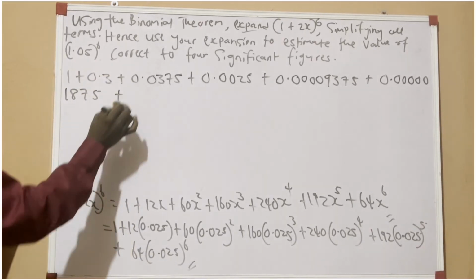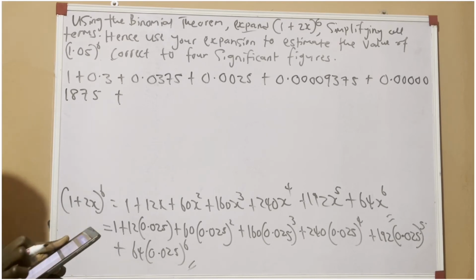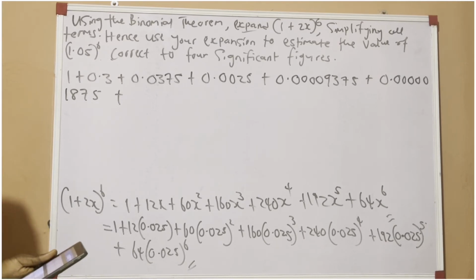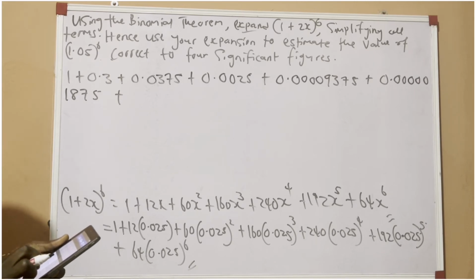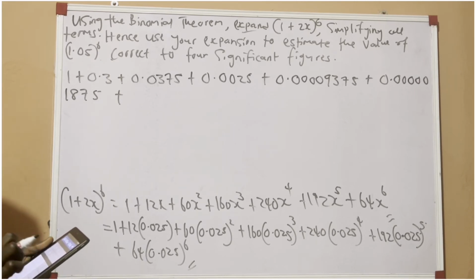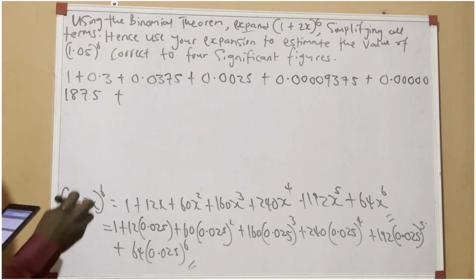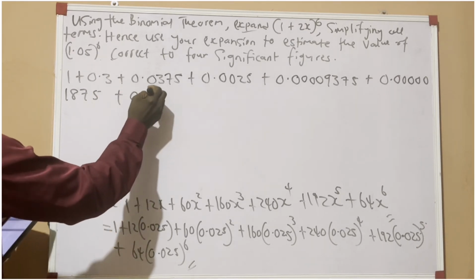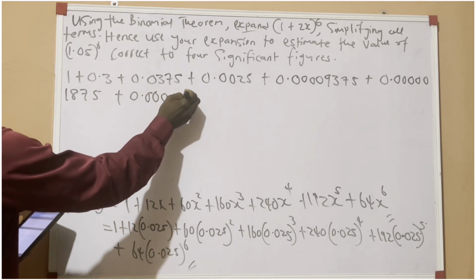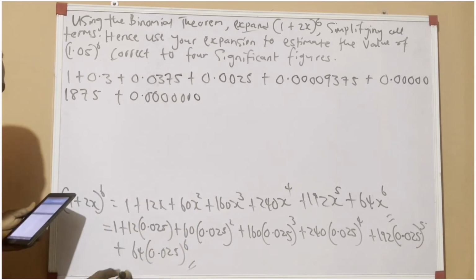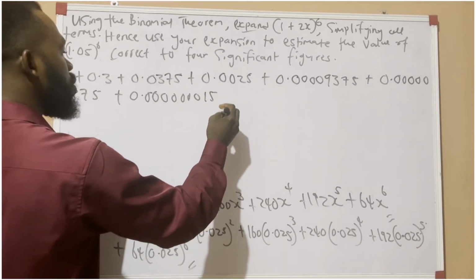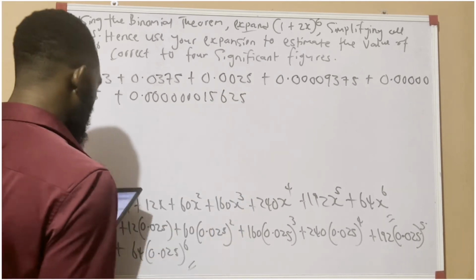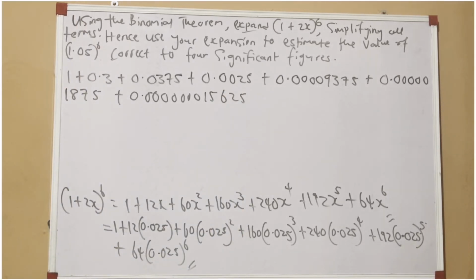Plus finally 0.025 raised to the power of 6, multiplied by 64. That gives us 0.2345678 15625.